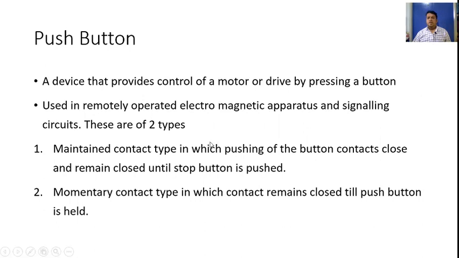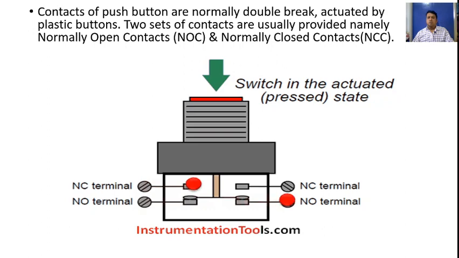Next, contacts of push buttons are normally double break, actuated by plastic buttons. Two sets of contacts are usually provided, namely normally open contacts and normally closed contacts, NOC and NCC.